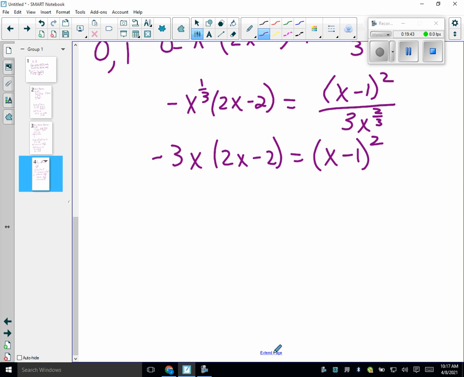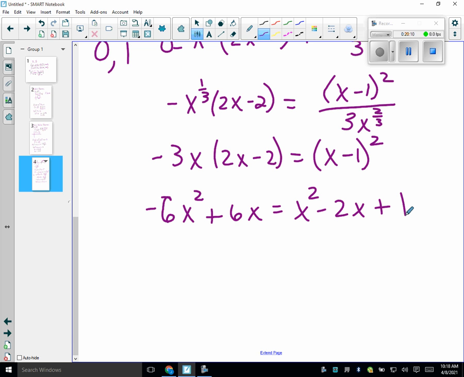You just added the tops. Got rid of my fraction, didn't I? So now, do I have negative 6x squared plus 6x equals x squared minus 2x plus 1?